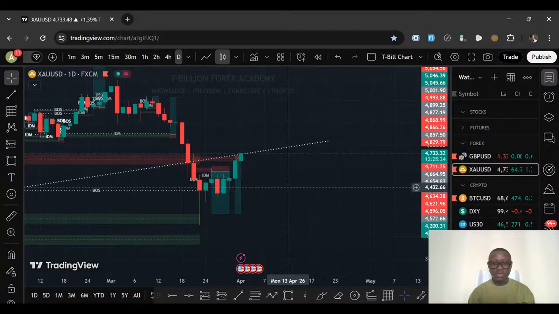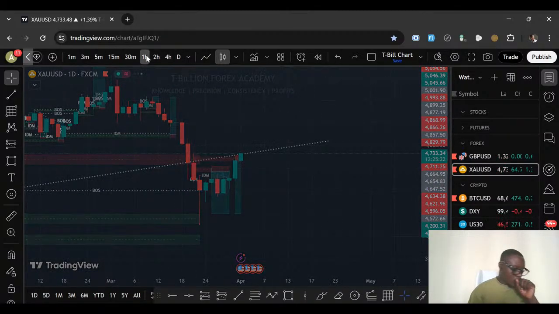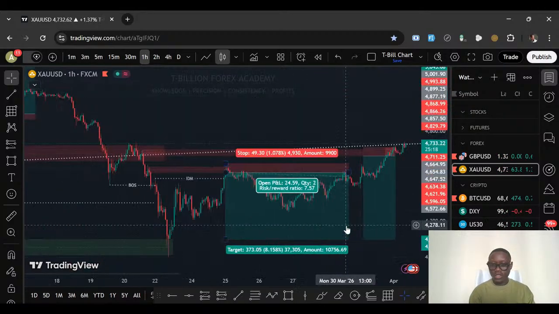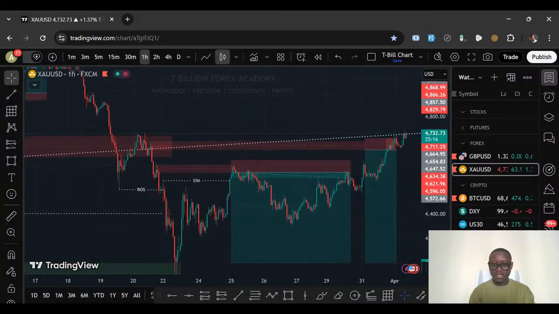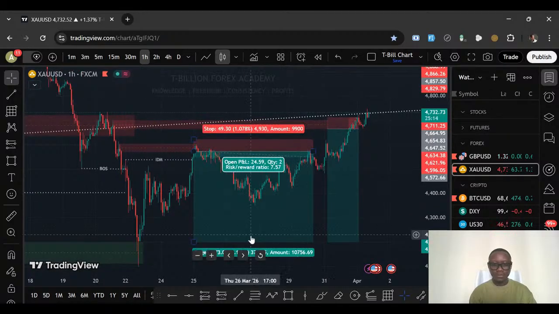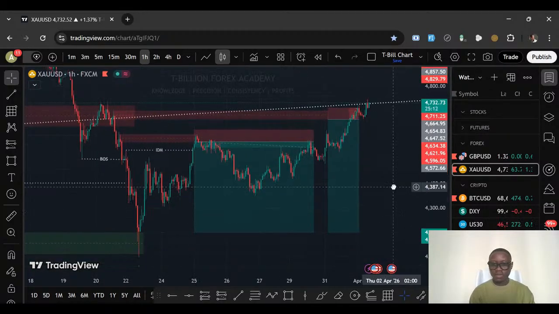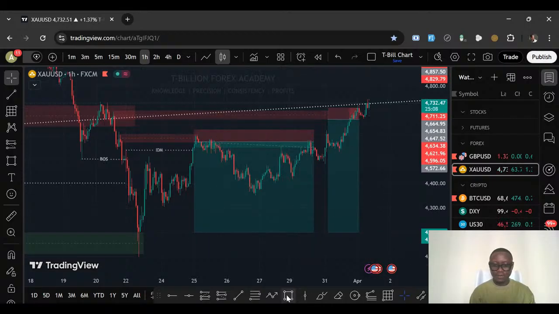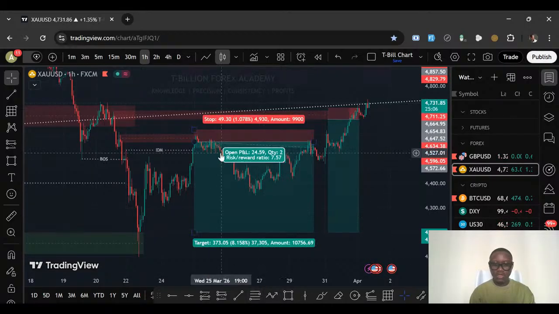So in our last session, we marked out these zones, and price gave us this move to the downside.